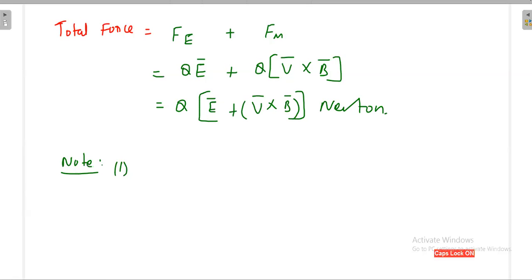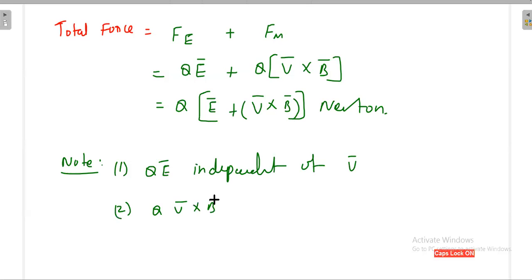The charge will reside in the same place, stationary, independent of V. Whereas in the second case, Q V cross B depends on V.